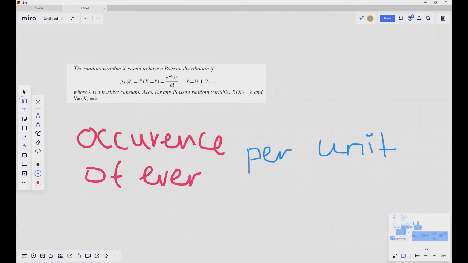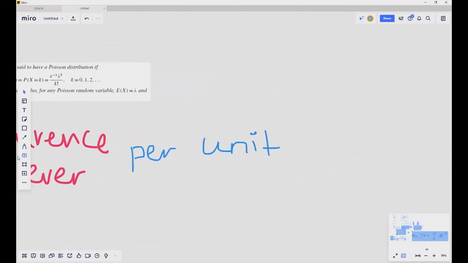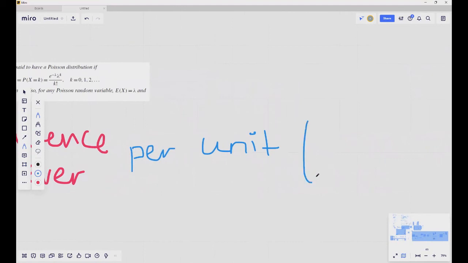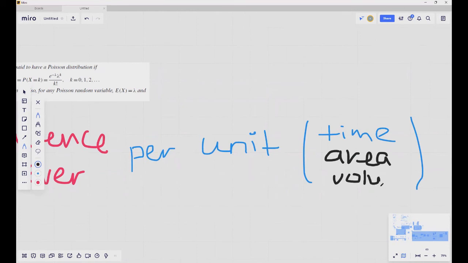And by unit of something, I mean unit of time, as we have seen in our example on accidents on an oil field, or it can be per unit of area, volume, and so on.